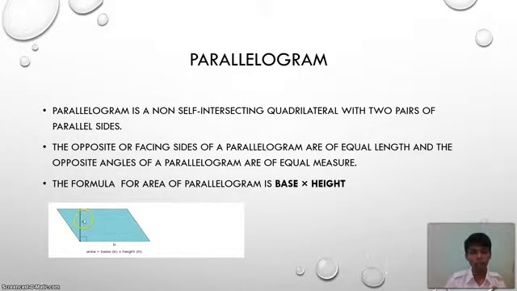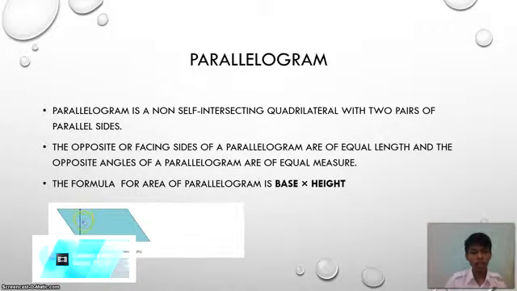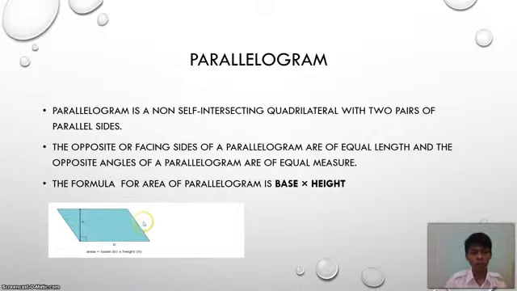This is because when we move this triangle to this side, it will make the parallelogram become a rectangle shape, and that is why we use the base multiplied by height.